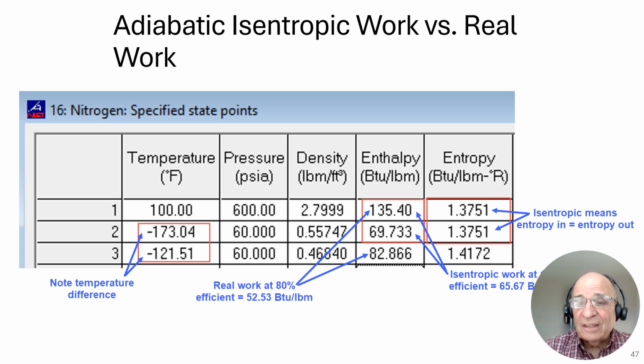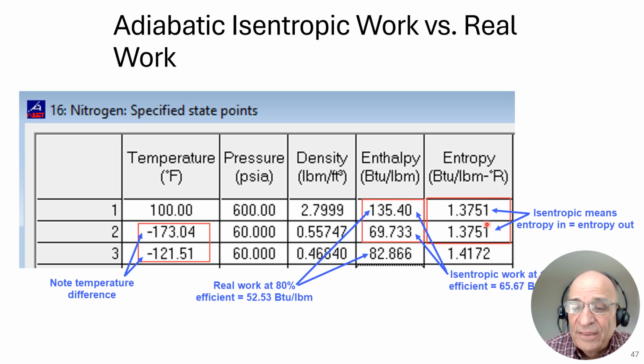We put a control volume around that expander, and we said there's no heat transfer to or from that expander, so it's adiabatic. That means no heat transfer. Then we said it's isentropic. Isentropic means that it is 100% efficient.